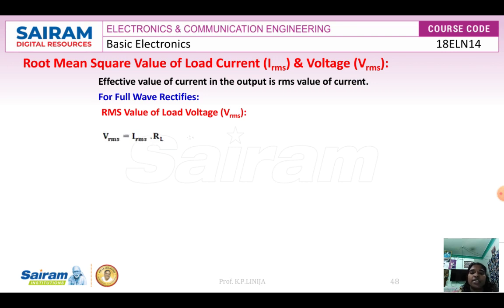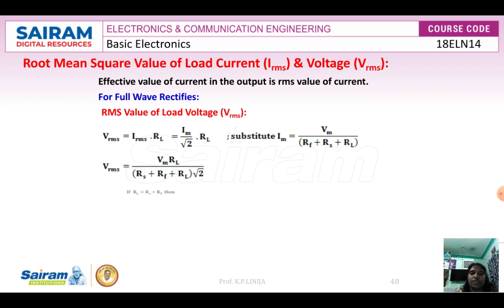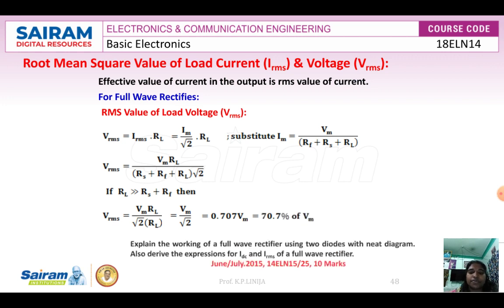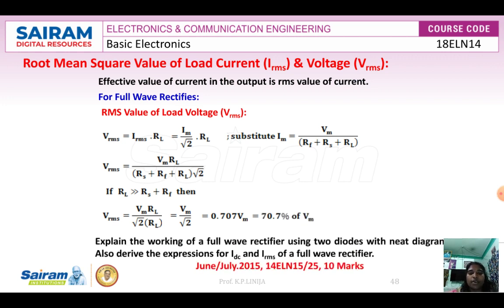The load voltage V is equal to, so once you know the formulas, it's very easy to substitute and find out the answer. So we should be very clear that for the voltage, we need to apply the condition that is load resistance is very much greater than Rs plus Rf. Okay.